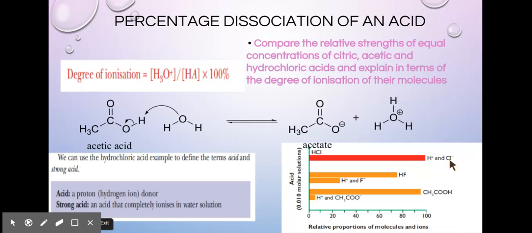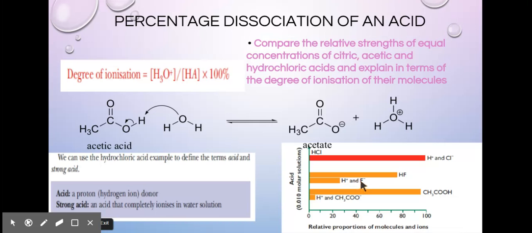If it is a strong acid like HCl, there's no molecules in the solution and it's all ions, 100% of it. But if it's something like HF, which you would think would be similar, but it's not, because the fluorine undergoes hydrogen bonding and it recreates the acid back again.